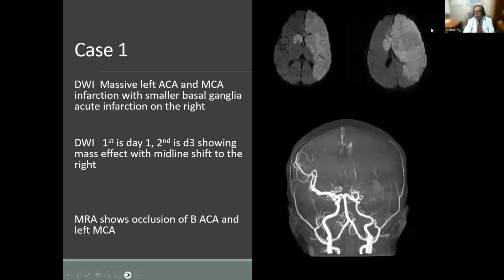And this one is day 1, but this one is on day 2, which, in addition to the infarcted areas, you're seeing midline shift to the right. And as you can see on the MRA, there is marked occlusion of both the anterior cerebral artery and the left MCA.